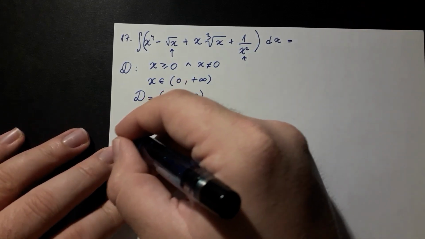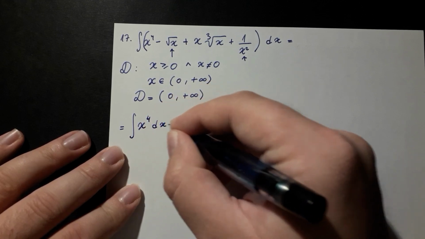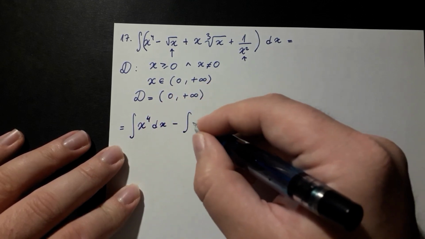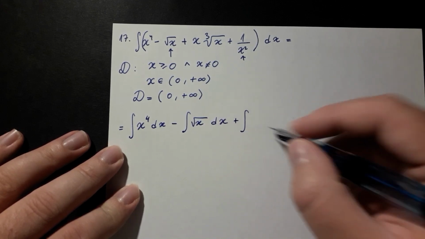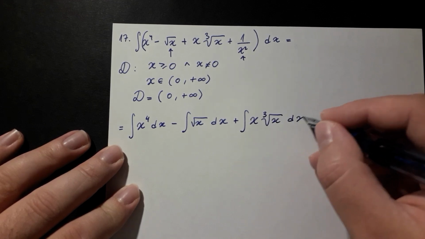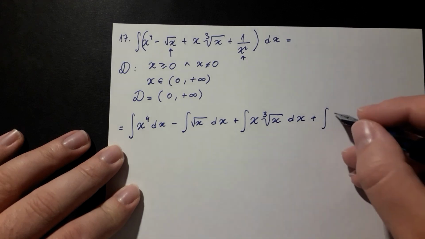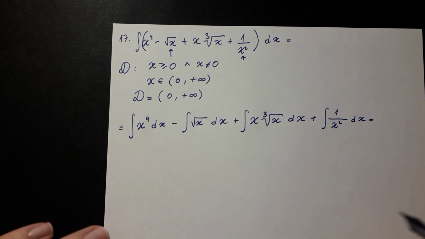Then our integral is equal to an integral of x to the 4th power dx minus an integral of square root of x dx plus an integral of x times a cubic root of x dx plus an integral of 1 divided by x squared dx.